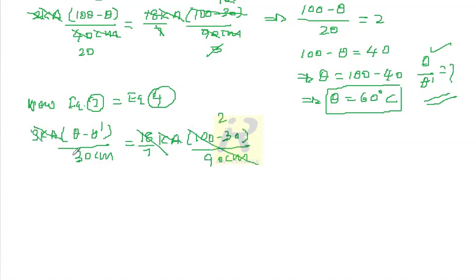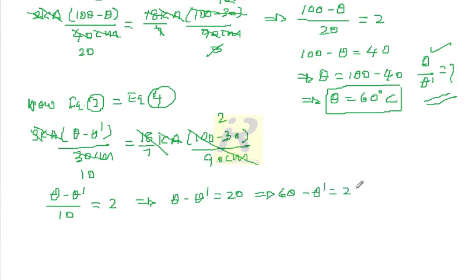And here we have 3 and 30, that is 10. So what is left is theta minus theta dash divided by 10 equals 2, which implies theta minus theta dash is equal to 20. Theta is already found, which is 60, minus theta dash equals 20, which implies theta dash is 60 minus 20, and finally theta dash is 40 degrees Celsius.